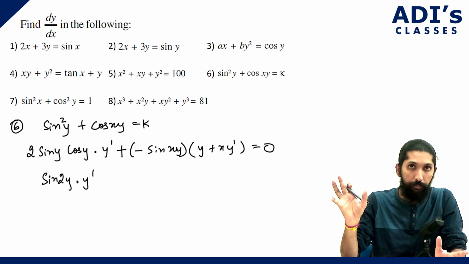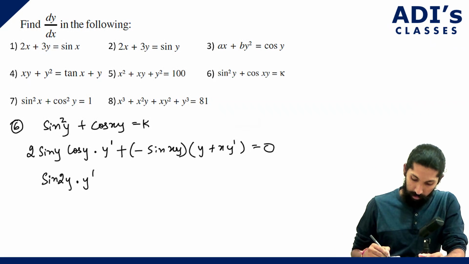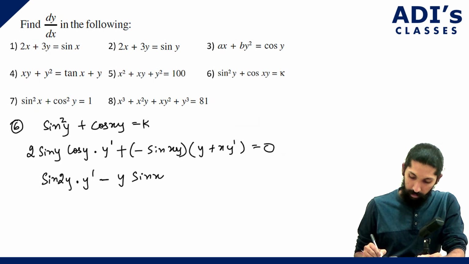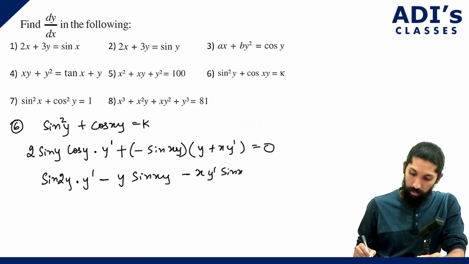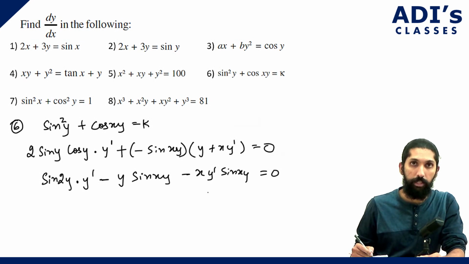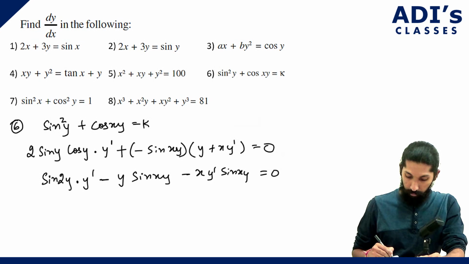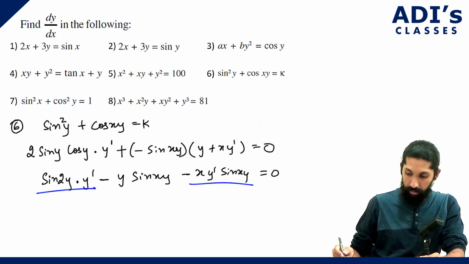That's the main point. So you can write this as minus y into sine xy minus x into y dash into sine xy. This is equal to 0. Correct? Now you have to take y dash, these two terms together.